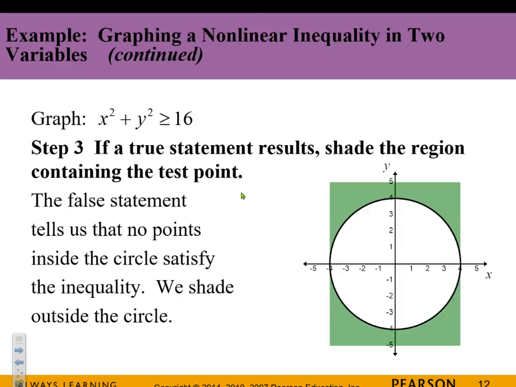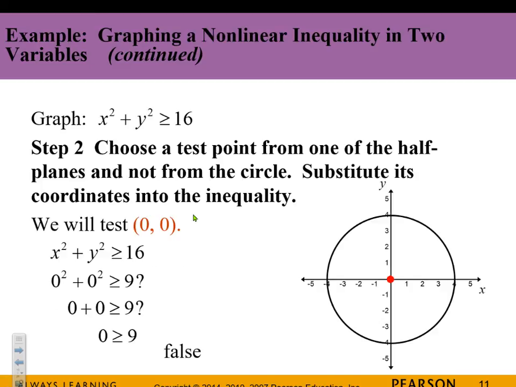Go ahead. You plug in like 3, 3, then it becomes the parabola. If you picked a point like 3, 3, 3 plus 3 squared is what? 9 plus 9 is 18. Unless it's 3, it would be right on, or outside.